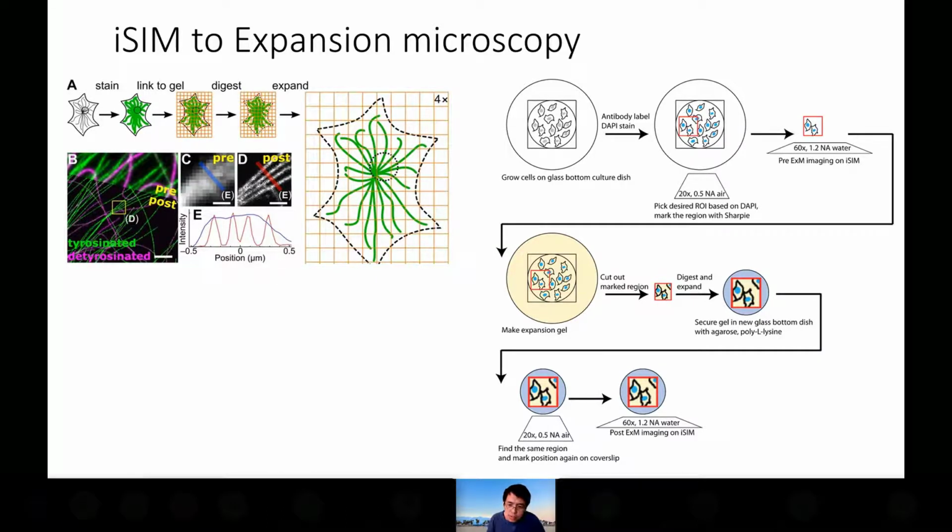We then cut those regions of interest, and then make the expansion gel, and then we digest and expand the expansion gel. After that, we image the gel in a new glass bottom dish at high magnification. In this case, we can get post expansion images.